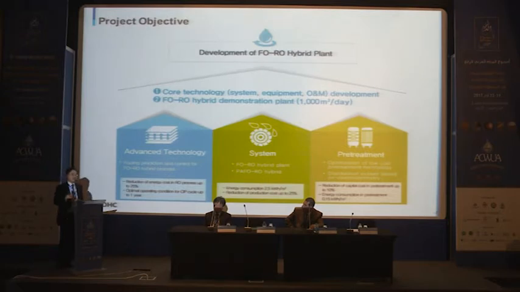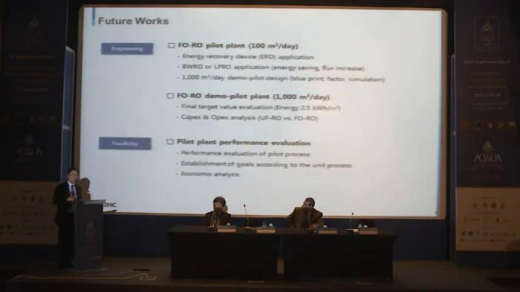The main objective of this project is to get lower energy consumption, less than 2.5 kilowatt-hour per ton, which is a reduction of more than 25% in energy consumption compared to the traditional RO process.